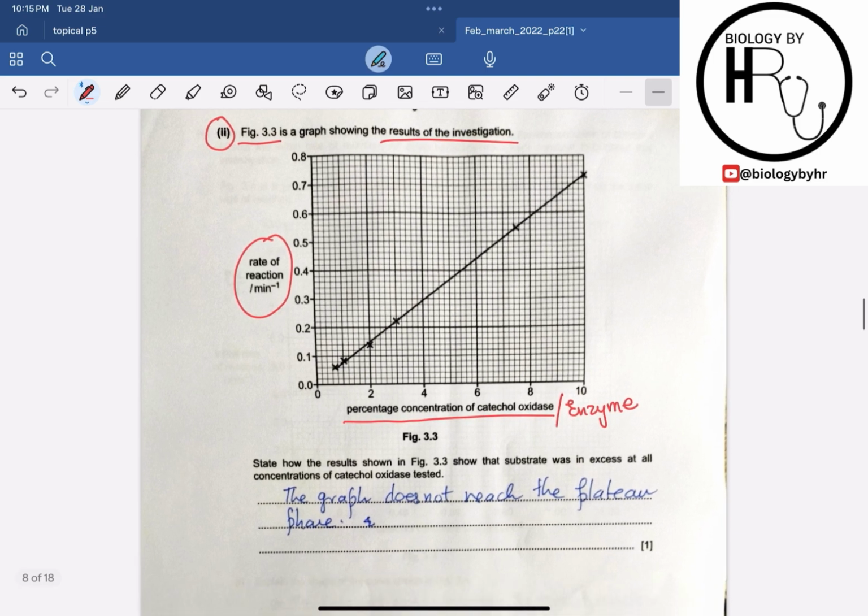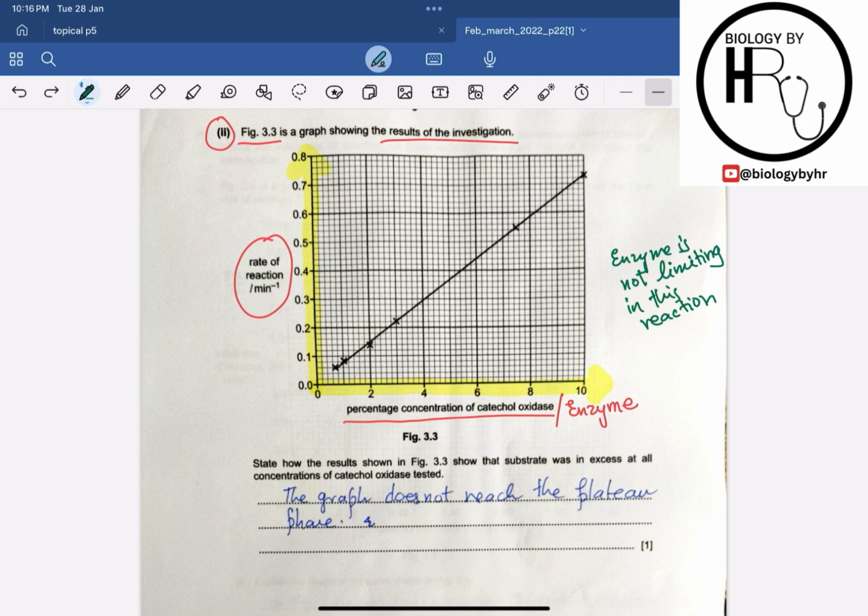And in the graph you can clearly see that as the percentage concentration of the enzyme catechol oxidase is being increased, the rate of reaction is also increasing, and you can also interpret from the graph that the enzyme is not the limiting reagent, right? Enzyme is not limiting in this reaction, right? How? Because as we are increasing the concentration of the enzyme, the rate of reaction is also increasing.